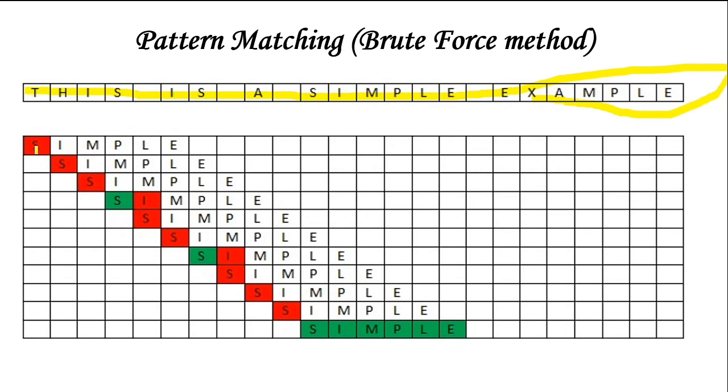So I will match S with the T. Initially I match S with the T, so that is wrong. Then I will shift my pattern to the next position. I will match S with the H, that is also a mismatch. So I will shift my pattern to the next position. I will match S with the I, no. Then I will match S with the S. So this is true, right?